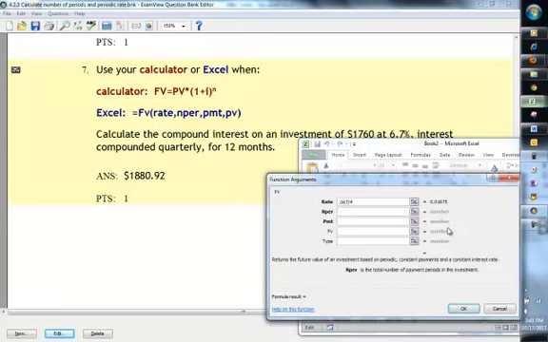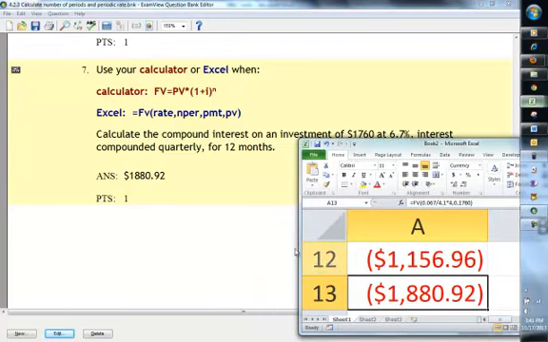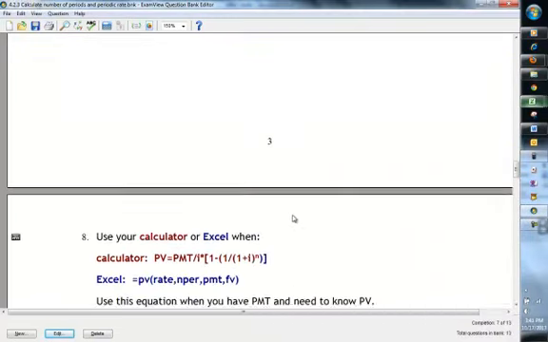The number of periods is 12 months, which is 1 year, times 4 quarters, because there's 4 quarters in a year. The payment is nothing, and the present value is $1,760, so we would end up with $1,880.92.